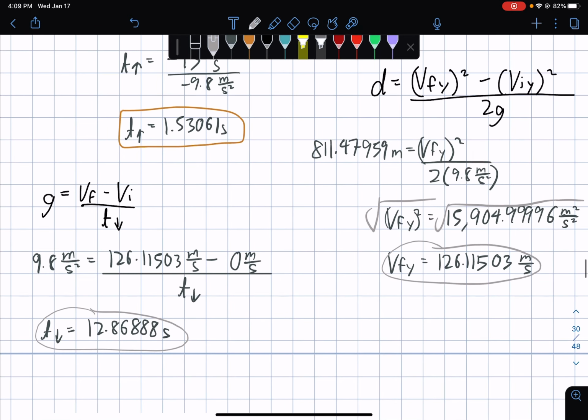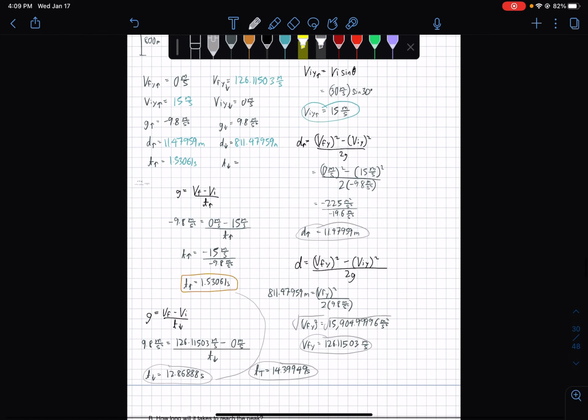So if you compute for the sum of going up and going down time values, the answer is going to be 14.39949. Okay, so we found the time total.